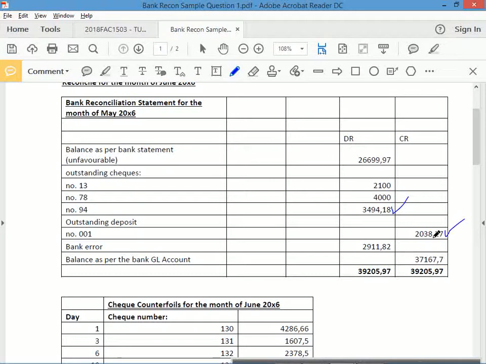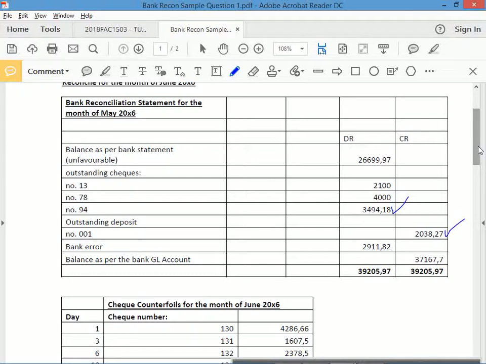Right, so that's an example I spoke about earlier. You went to the bank branch on the 30th of May. Okay? On the 30th of May, you deposited 2038.27. Then you got your May statement and you didn't see it there. Now you're wondering, where's my deposit?